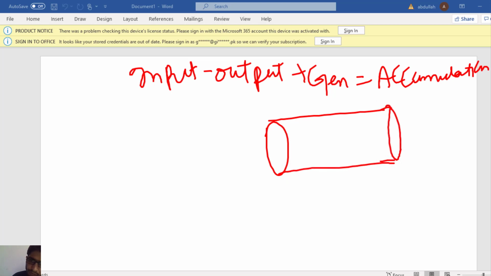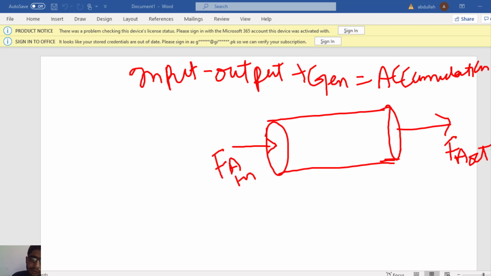FA is the flow rate of A. This is the flow rate of A at the outlet, and this is at the inlet.